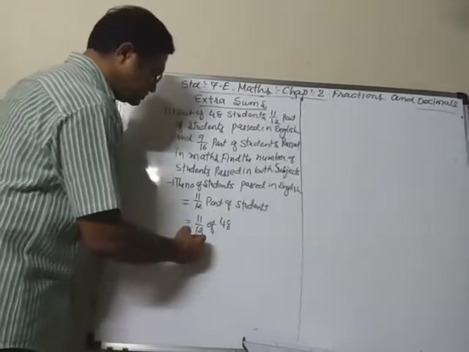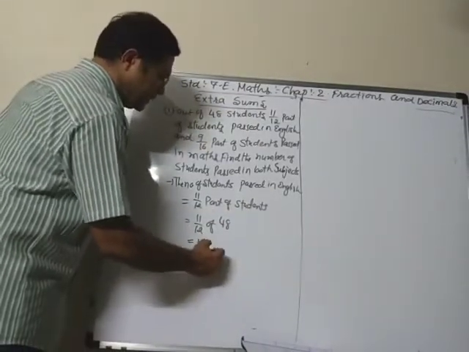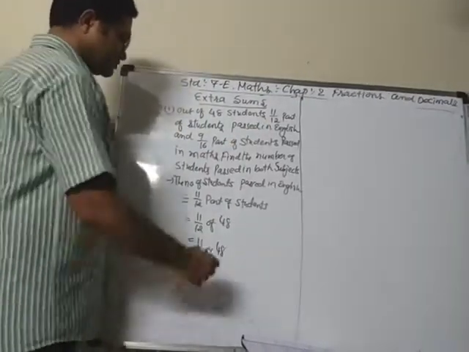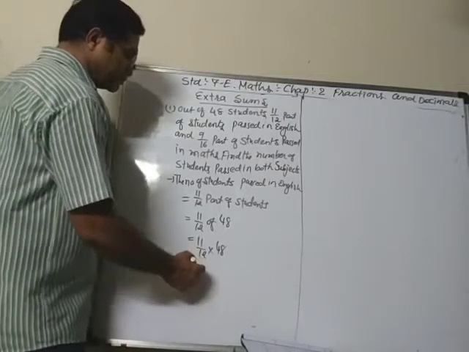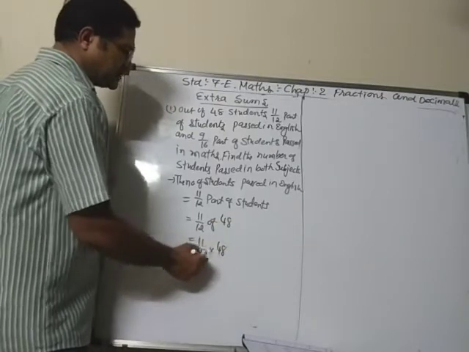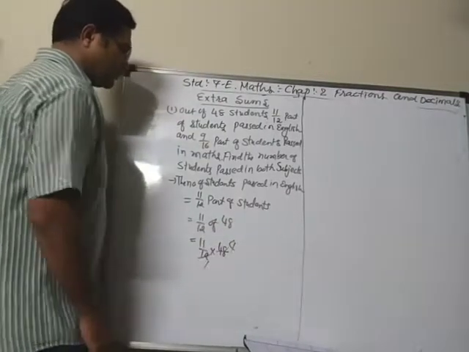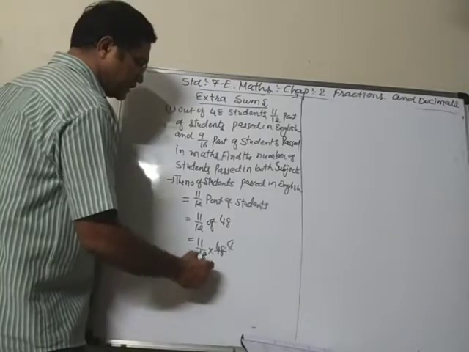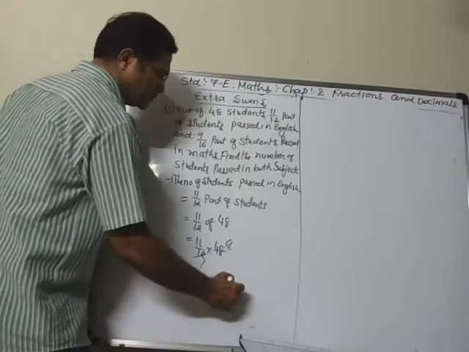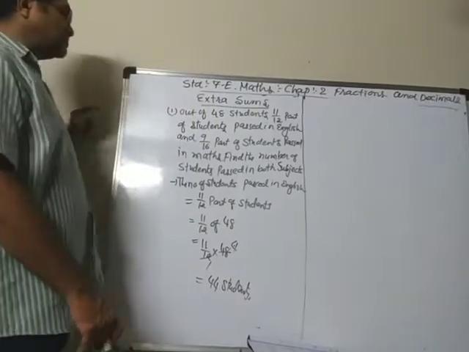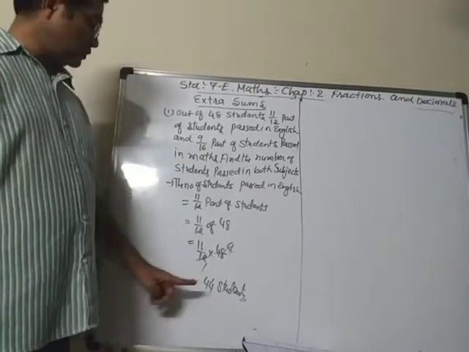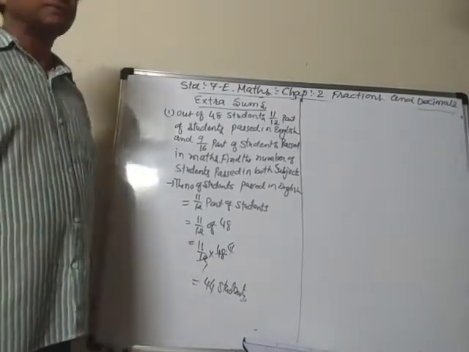And of means multiplication. 11 by 12 multiplied by 48. Before multiplication you can cancel it. 12 ones are 12, 12 fours are 48, and answer is 11 fours are 44 students. So number of the students passed in English is equal to 44 students.